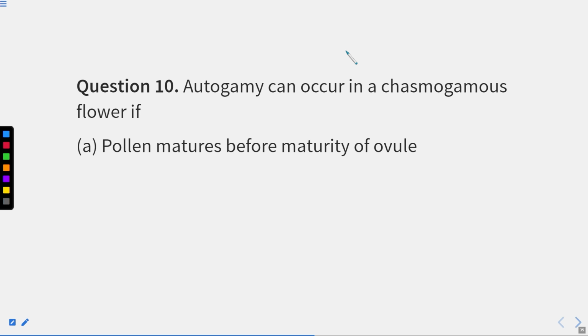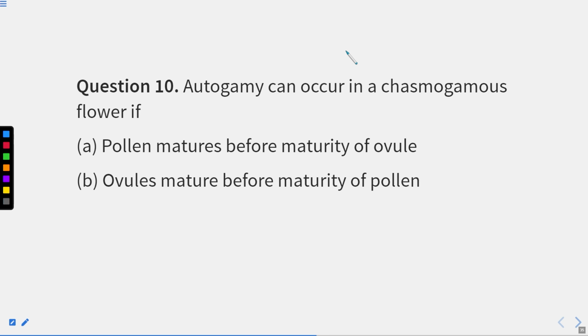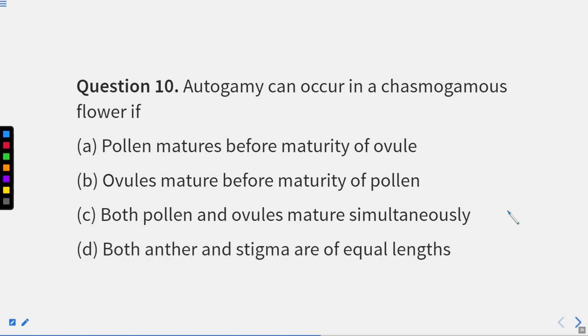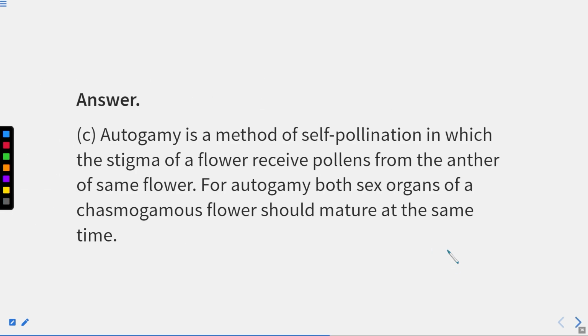Now option A is pollen matures before maturity of the ovule. Option B is ovules mature before maturity of the pollen. Option C is both pollen and ovules mature simultaneously. And option D is both anther and stigma are of equal length. Now let's have a look at the answer.